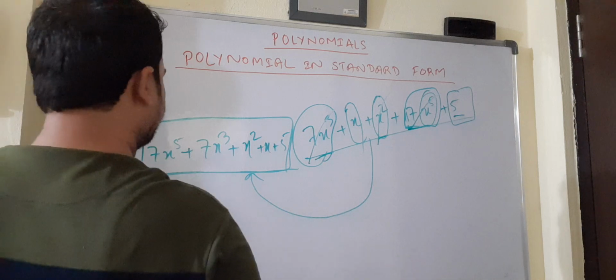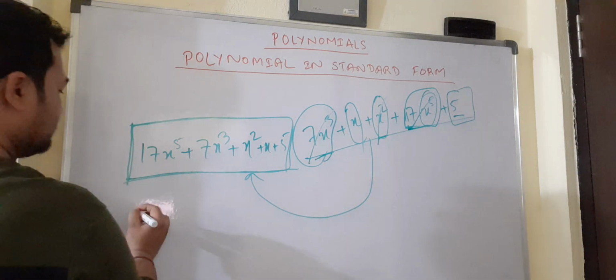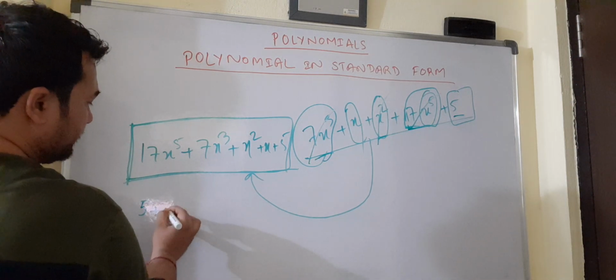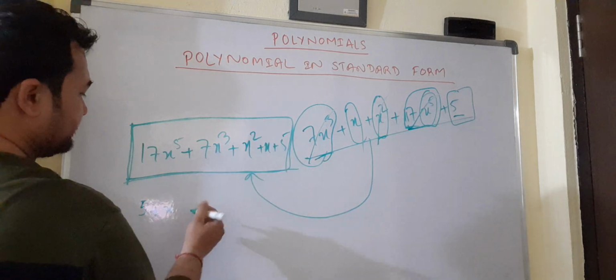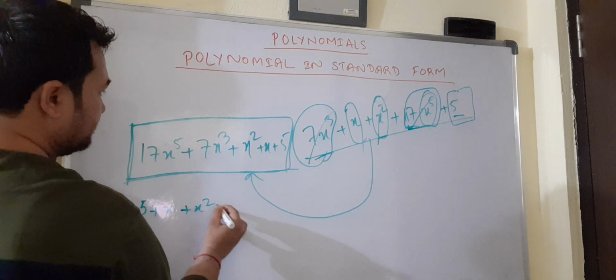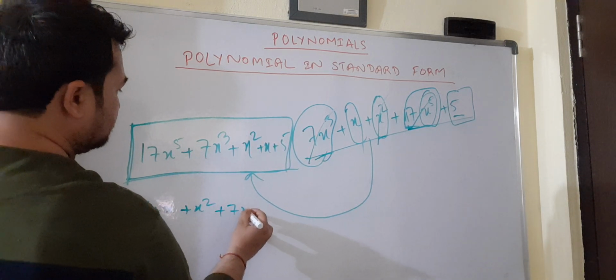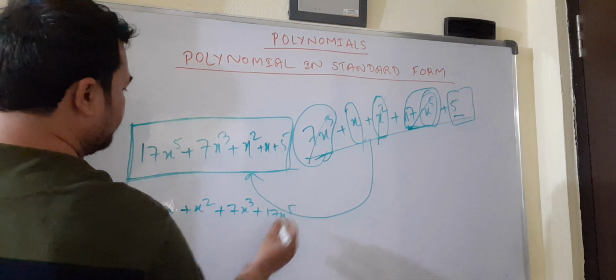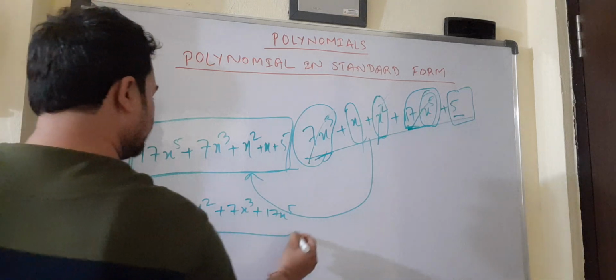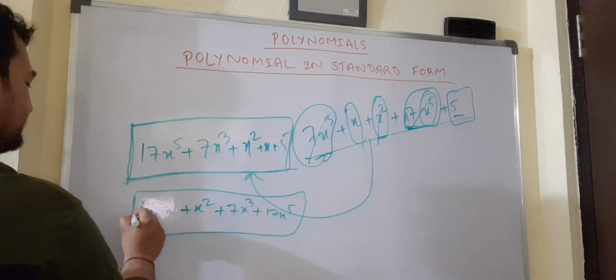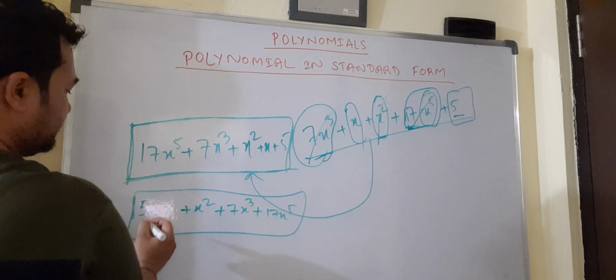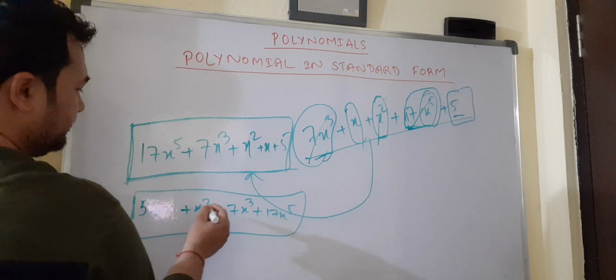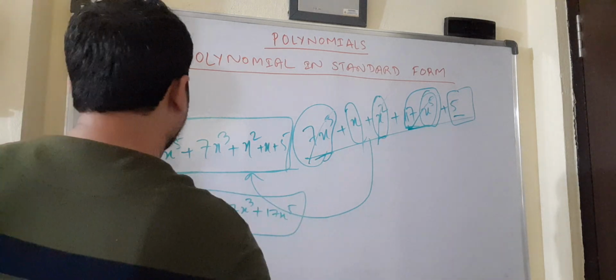It is not the only standard form. You can also write 5 plus x, you can reverse this, up to 17x to the power 5. Even in this case, you find a particular fashion, that is the power of x is 0 here, then the power is increasing 1, 2, 3, 4.